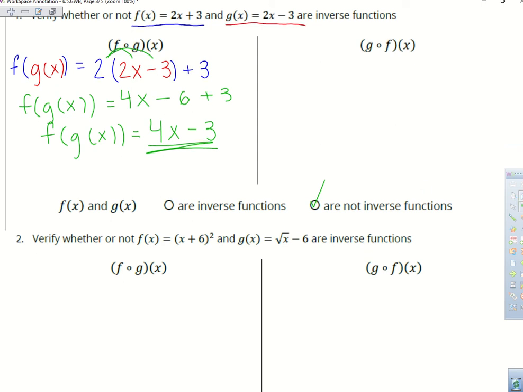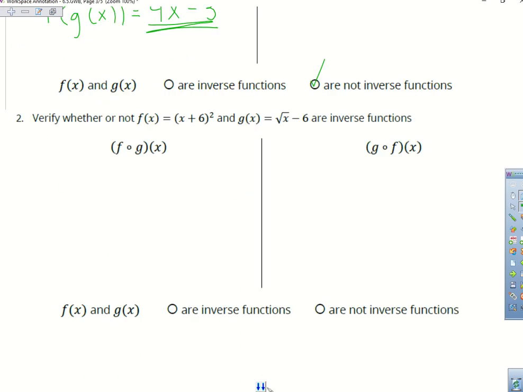Okay. So now we're going to go ahead and try number 2. So first thing I'm going to do is I'm going to rewrite my f of x function, and I'm going to leave the x blank to be filled by the other function. I'm going to make myself some more room because that was a little close. Just like that.